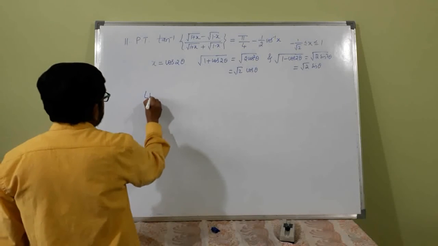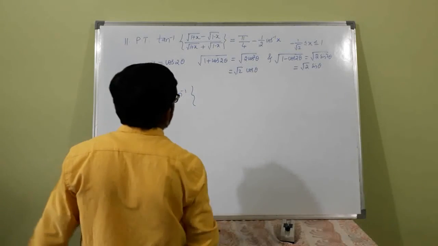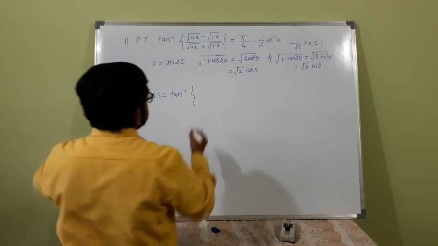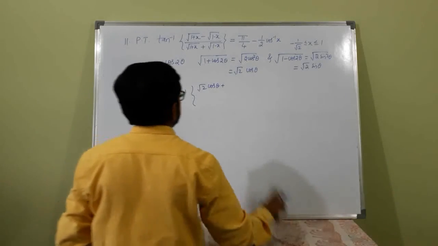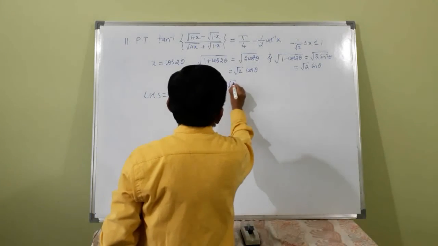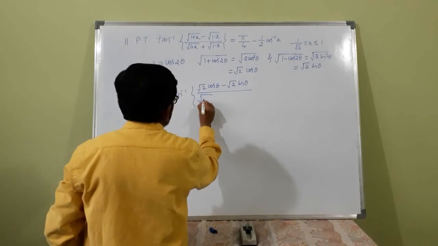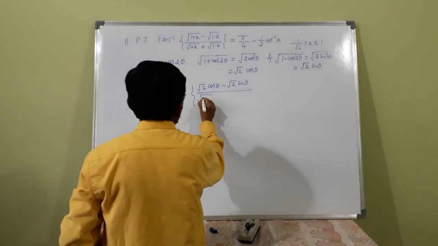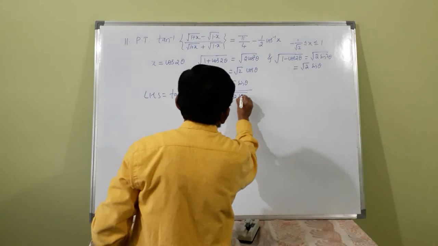LHS is equal to tan inverse of 1 plus x is 1 plus cos 2 theta, that is root 2 into cos theta minus root 2 sin theta divided by root 2 cos theta plus root 2 sin theta.